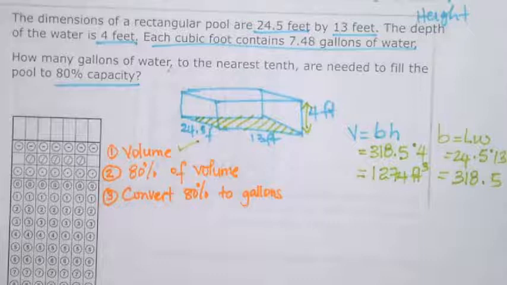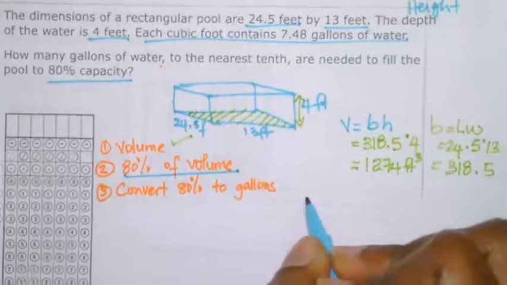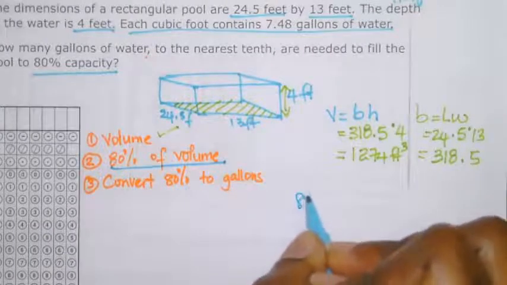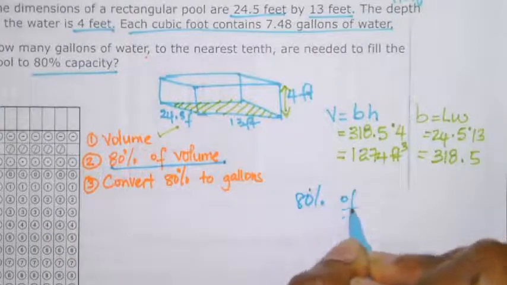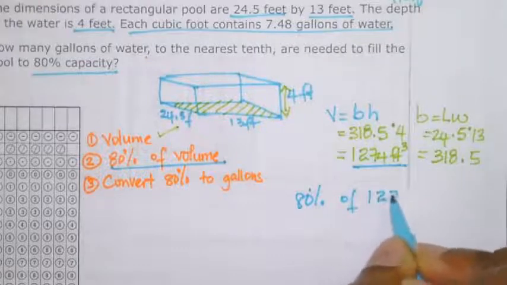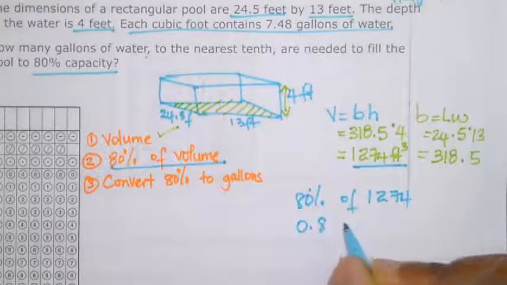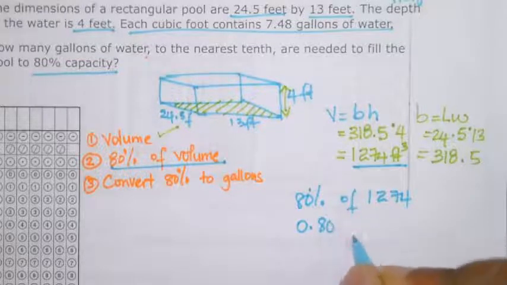Next thing that we need to find is 80% of the volume. In this case, the volume is 1,274. So we change our 80% to 0.8 or 0.80. Same thing, of means to multiply.